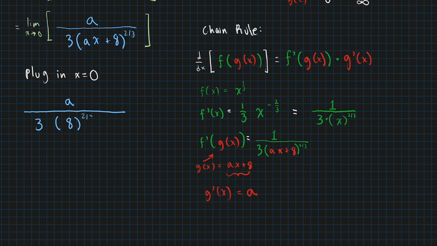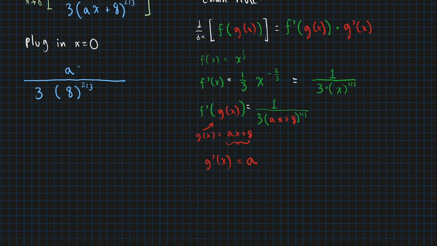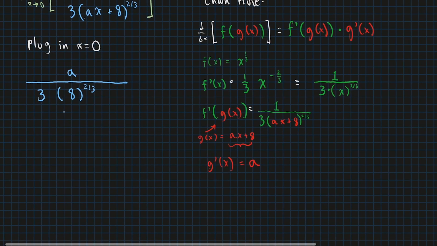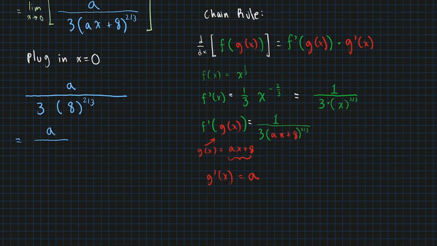8 to the 2/3. And what is this equal to? Let's just evaluate this denominator. Taking something to the 2/3 power is to take the cube root and then to square it.